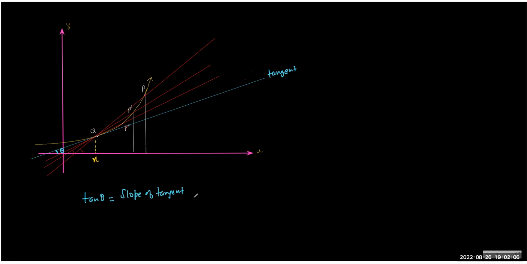Again, I'm saying secant is not tangent. Secant is secant, tangent is tangent. But under the assumption that these 2 points are very close, can we call them roughly the same? Even though there are some differences, can we ignore such differences? Yes or no? Tell me, guys. Yes, sir.